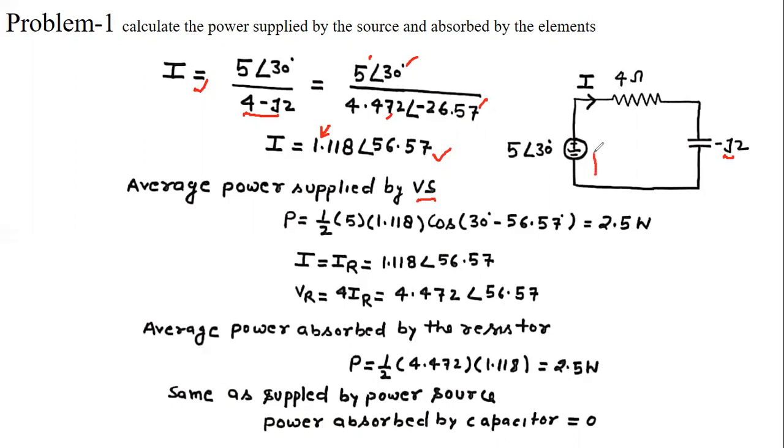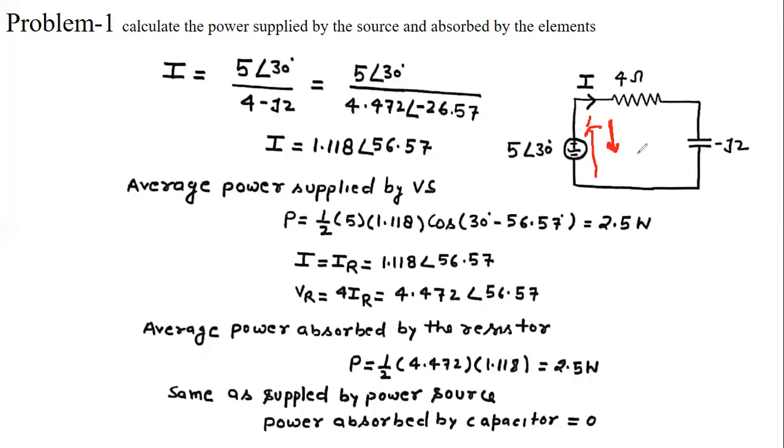Whenever current enters from the negative terminal, it means power is supplied by the source. And if current enters into a source from the positive terminal, then power is absorbed by the source. I am again repeating: the source may absorb power or may deliver power.